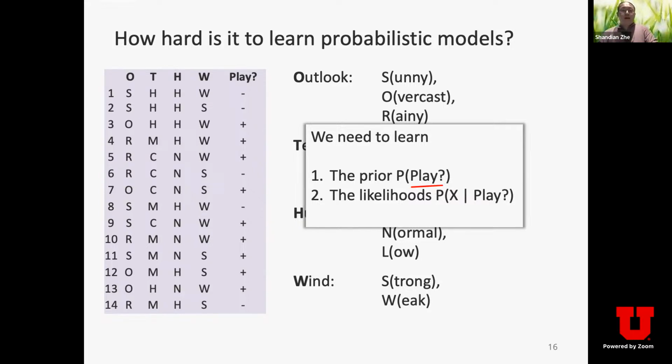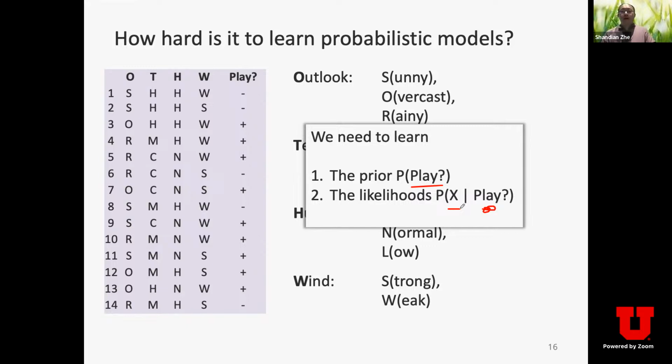Then we have to learn the likelihood: given different labels, what is the distribution of the feature vector? Now the feature vector is a 4-dimensional vector, because we have 4 features. Everyone's good about the setting?